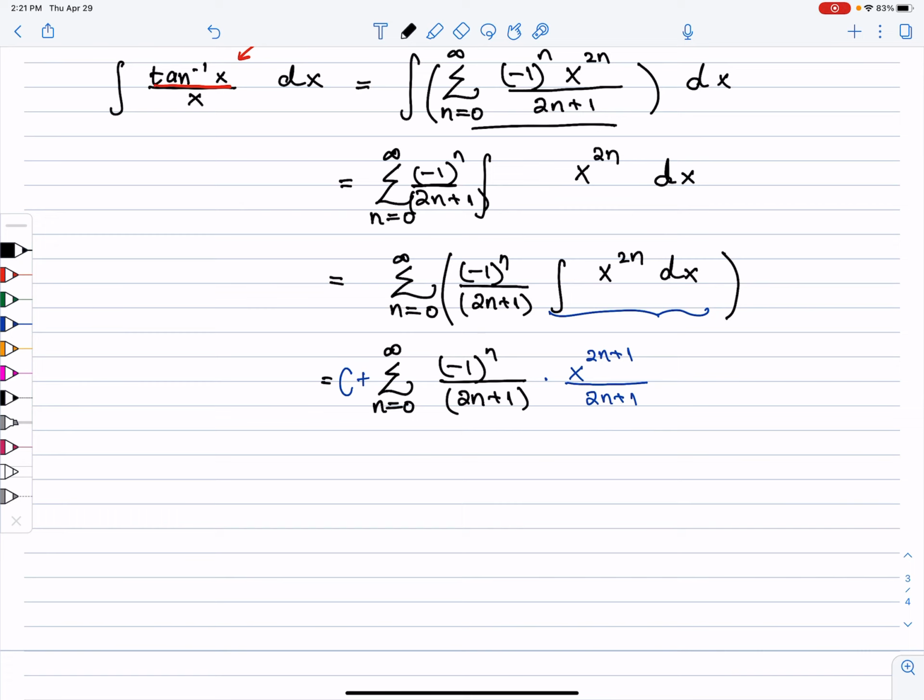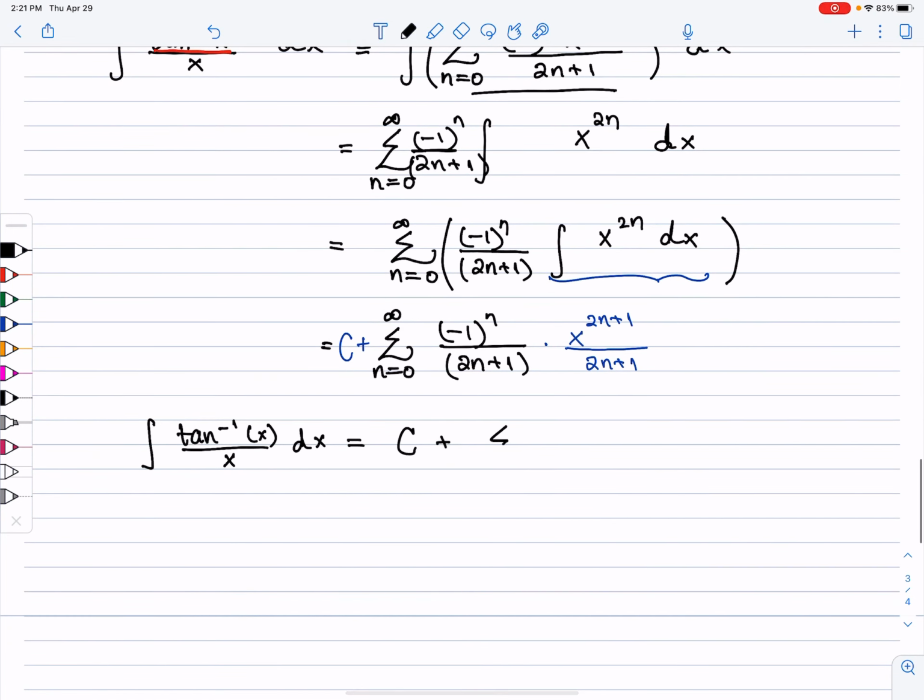So we can say that this indefinite integral is equal to some constant plus sigma, as n goes from 0 to infinity, negative 1 to the nth, x to the 2n plus 1 over 2n plus 1 to the second power.